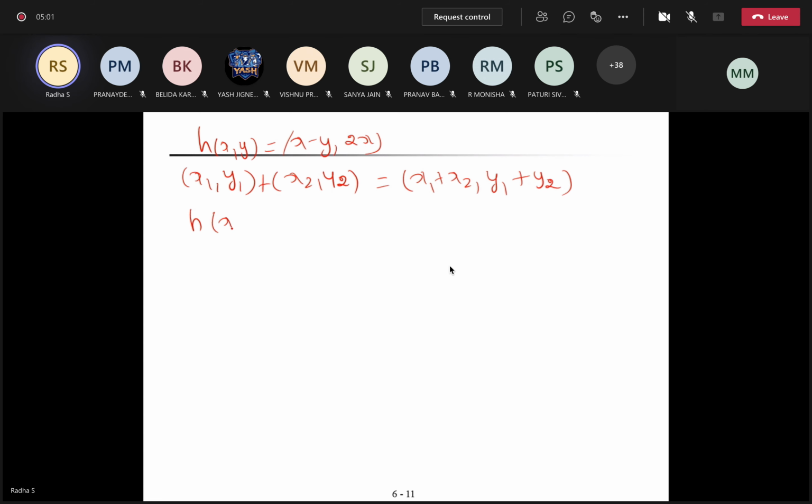So h of x1 plus x2 comma y1 plus y2 is, for x comma y, the x coordinate minus the y coordinate comma 2 times the x coordinate.